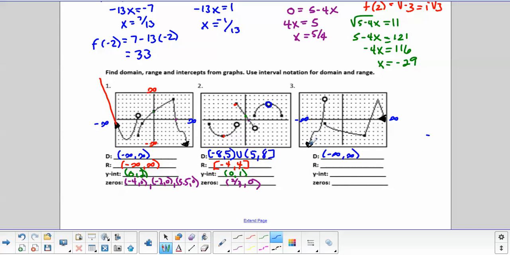Your range starts down here at negative infinity, and it continues up to here. This point's not included, but it is included over here, so we are going to include our endpoint. So our range is negative infinity, and this would be 1, 2, 3, 4, 5, up to 5.